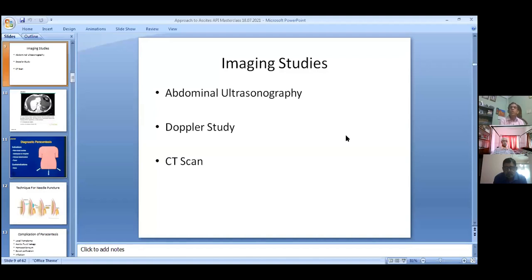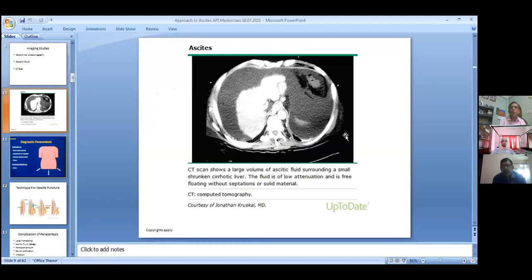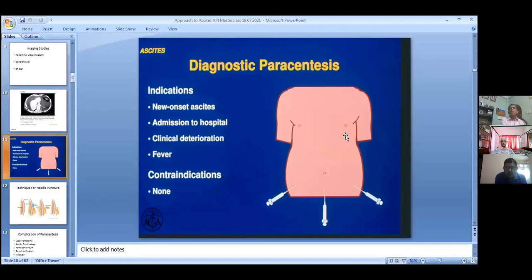Also, if you suspect malignancy, there may be features of lymph nodes, and even in tuberculosis, thickening of the omentum and the lymphadenopathy can be assessed by the CT scan. So this picture is very suggestive that there is no second diagnosis other than cirrhosis: there is free fluid in the abdomen, the liver is shrunken, the margin is irregular, there is no SOL, so the sensitivity and specificity are higher.